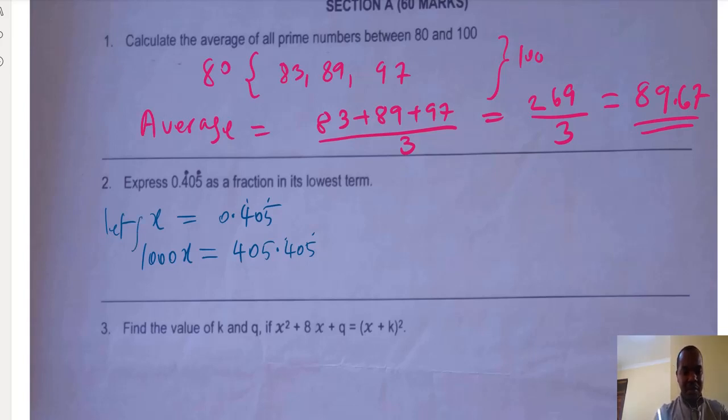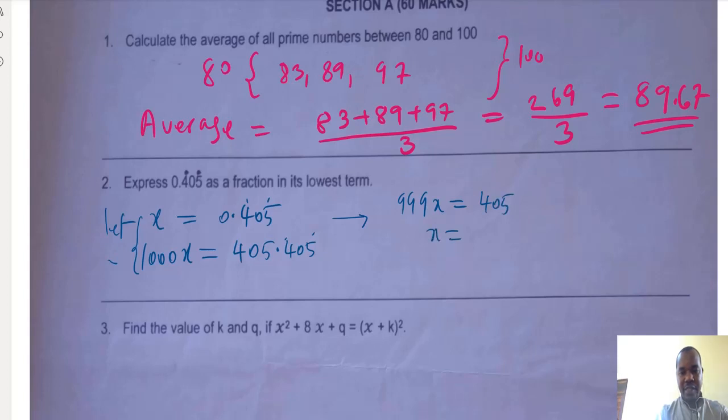Then we are going to subtract these numbers: subtract equation 1 from equation 2. We get 999x equals 405.